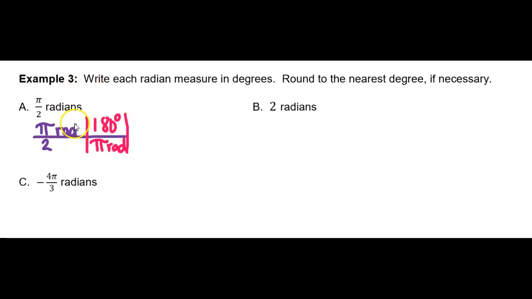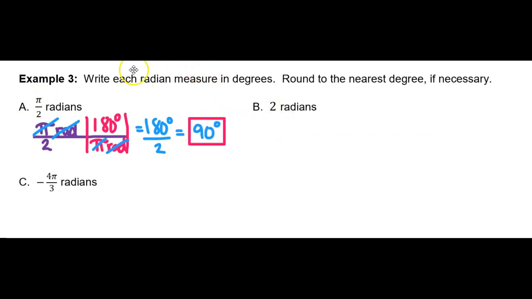So radians are going to cancel out, pi is going to cancel out, and we're going to be left with 180 degrees divided by 2, which is 90 degrees. And I think we already knew this angle measure, that a half pi is equivalent to 90 degrees.